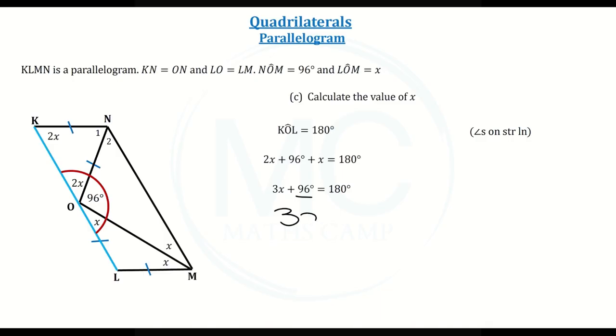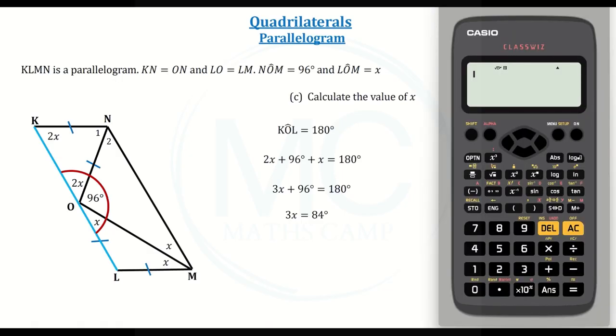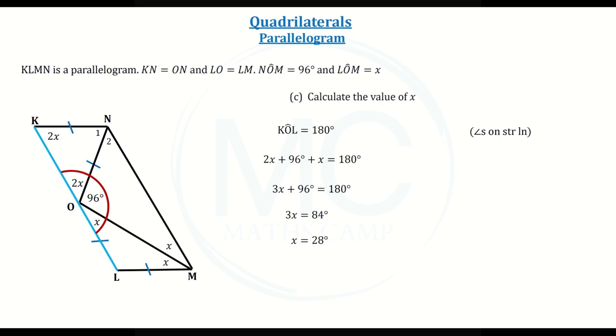So we say 3x is equal to 180 minus 96 degrees, and we get 84 degrees. Finally, to get x by itself, we need to divide both sides by 3. So let's take our calculator. We say 84 divided by 3 is equal to 28. This is the value of x. And we have now completed this question.